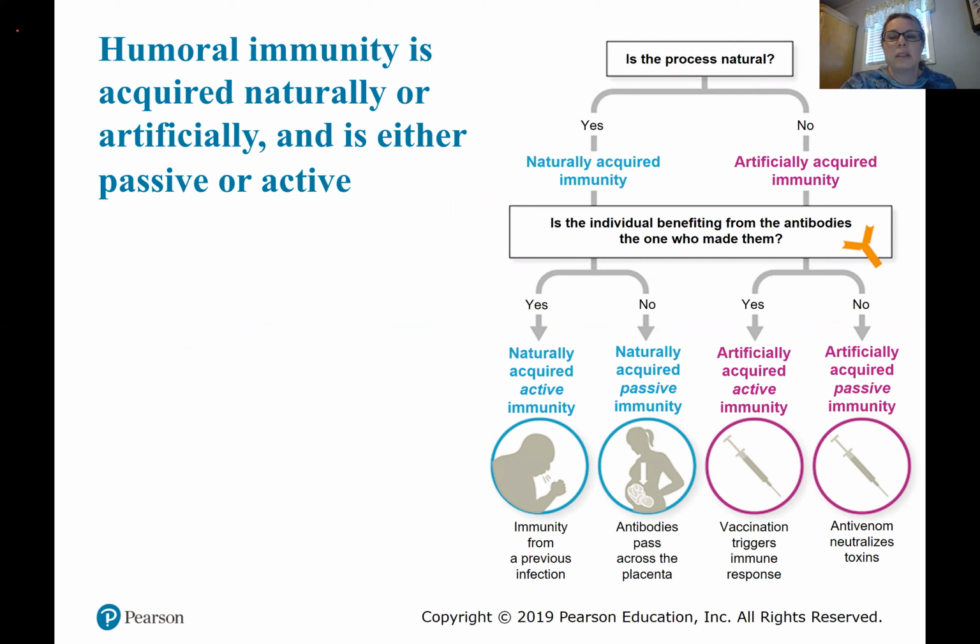So, is the process natural, or did it come from a healthcare intervention? Was it given to you by a shot or an injection or an IV or something like that? Was it an artificial process or was it a natural process? Okay, so you determine if it's artificial or natural.